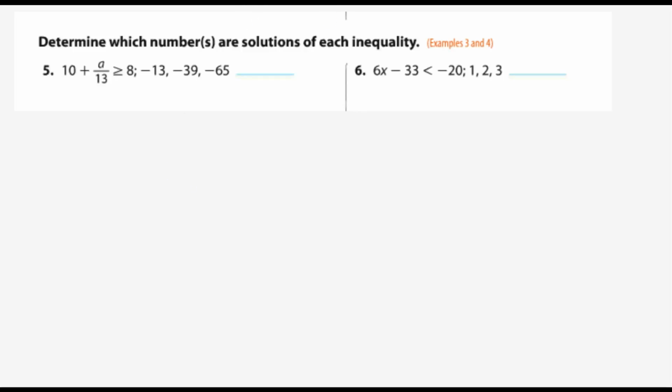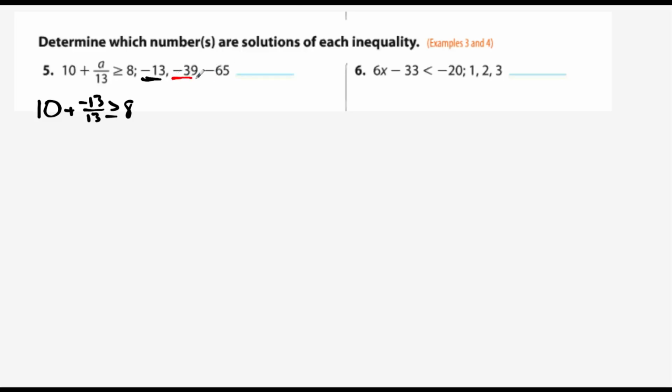Inequalities are a little bit different, because notice it says number or numbers are solutions, which means there's potentially more than one correct answer. So we definitely have to try all three. We're still going to take each of our three values and replace the variable given. So we have 10 plus negative 13 over 13 is greater than or equal to 8.